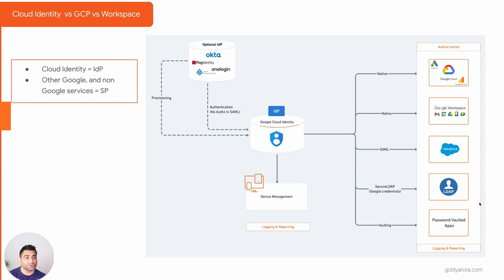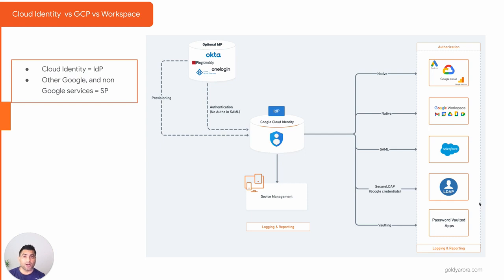In Google Ads, what you can do and what you cannot do. In Google Analytics, which report can you read and which report you cannot read. These are examples of authorization. Just keep in mind that authorization is defined within the application itself and not in Google Cloud Identity.